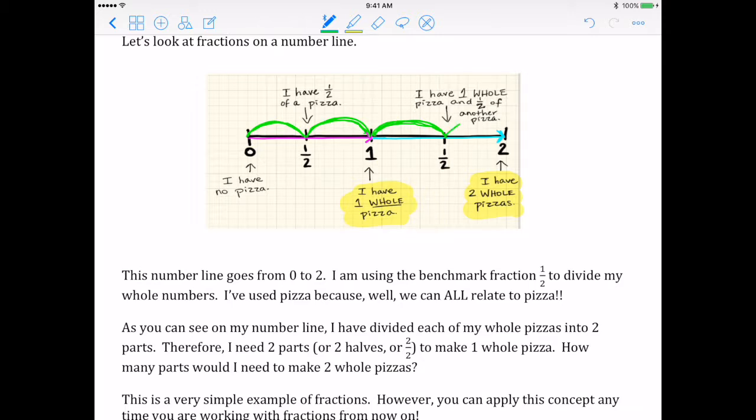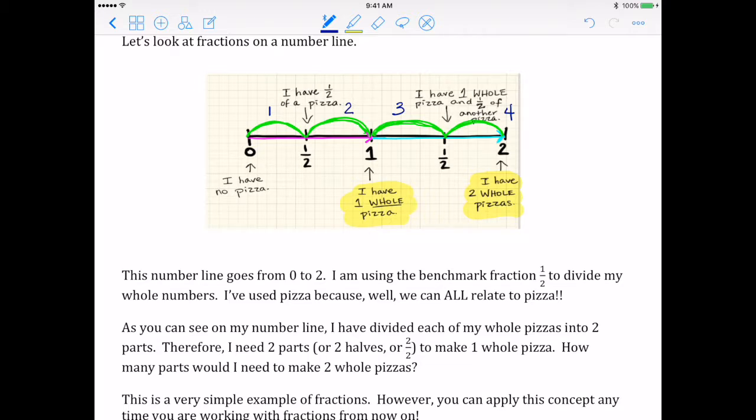And then again, from the 1/2 mark to the 2, well, now you can see I would need 1, 2, 3, 4 parts to make 2 whole pizzas.